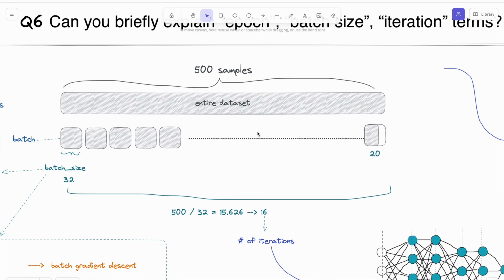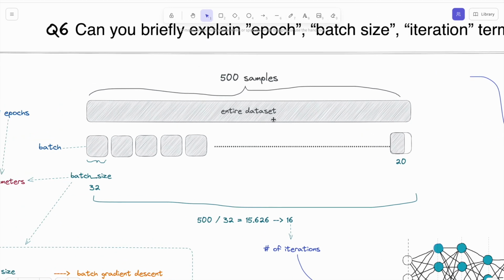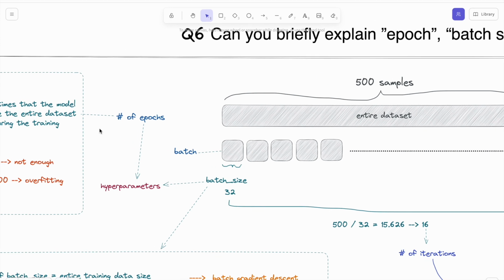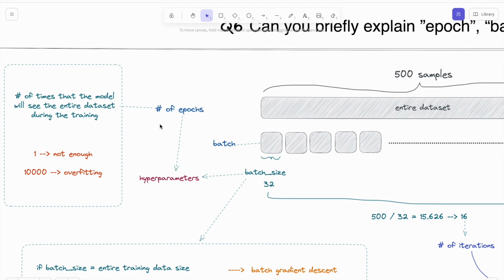Let's look closely. Let's assume that we have a data set which contains 500 samples. The number of epochs is a hyperparameter for the model, and we can say that this value equals the number of times that the model will see the entire dataset during the training.